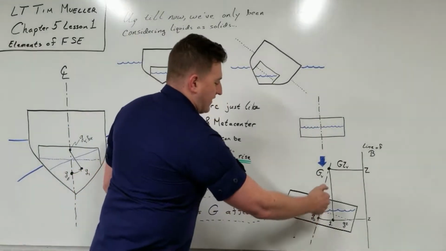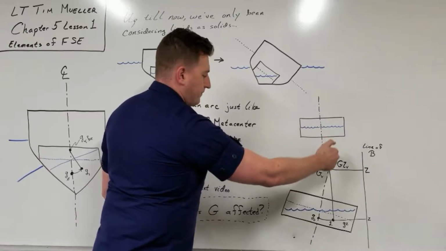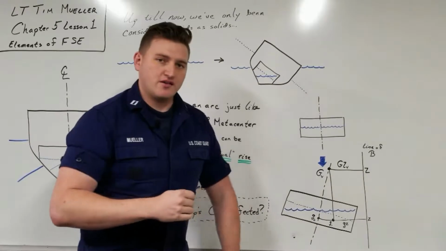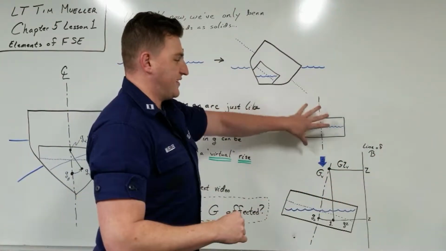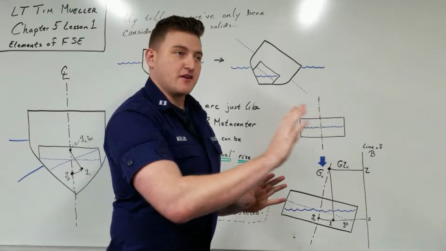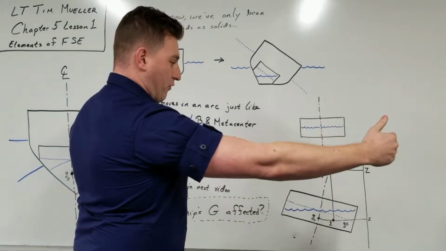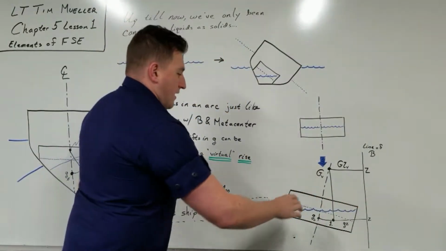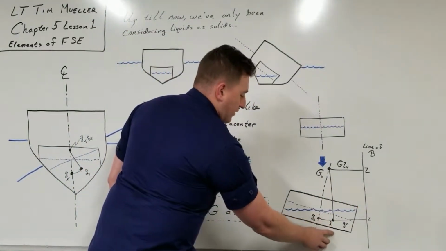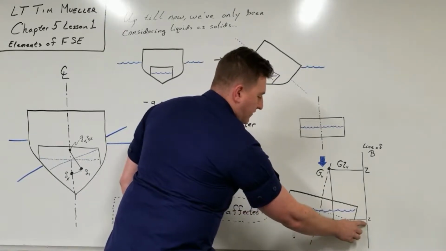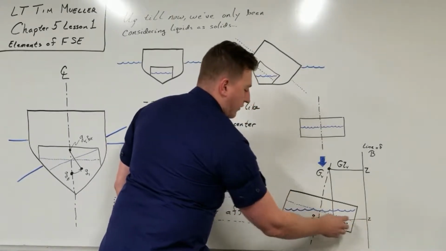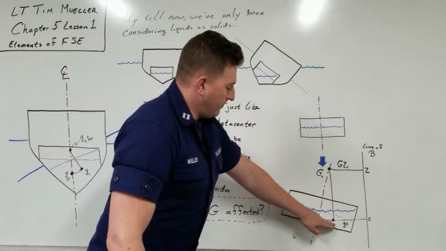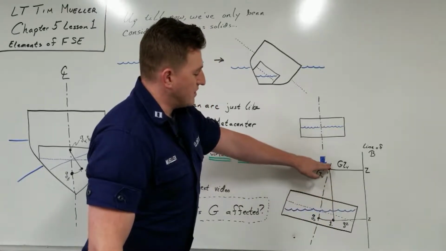If we draw the center line of that tank right through here, we see that the righting arm, so if this is the center or the line of buoyancy of that vessel itself, so if we're thinking the tank is inside the vessel, the center of buoyancy may be more off to the right horizontally than that starboard bulkhead. But if we look at the righting arm from little g1 all the way to little z, all the way over to that line of buoyancy, that distance is the exact same as if we just took that point and went all the way up so it meets the center line.